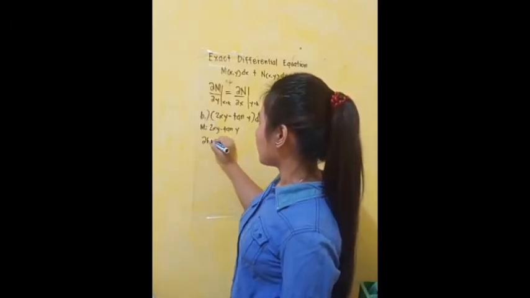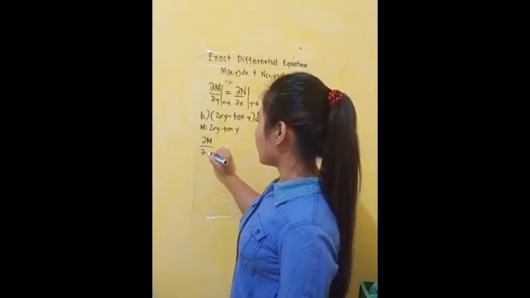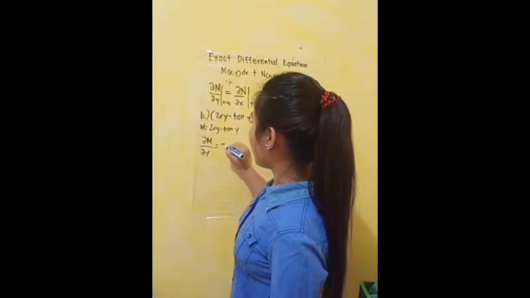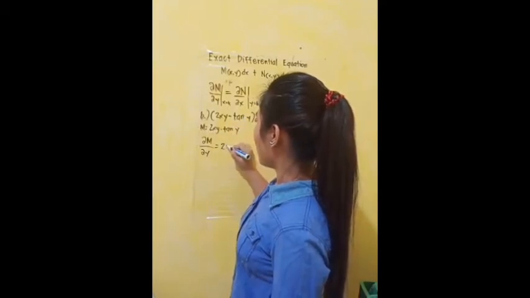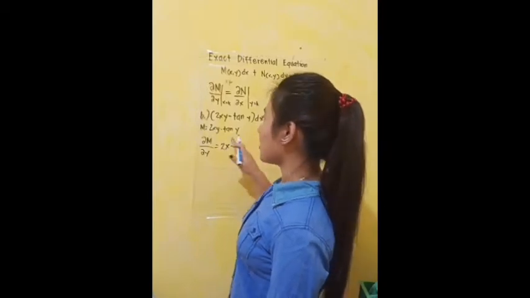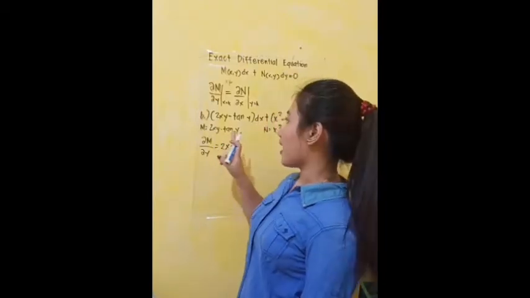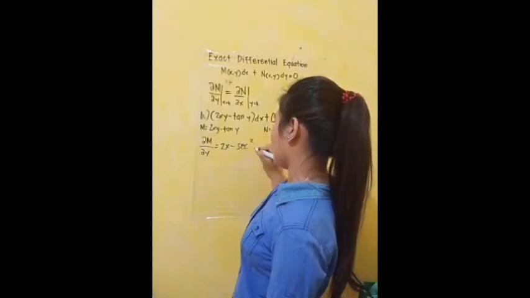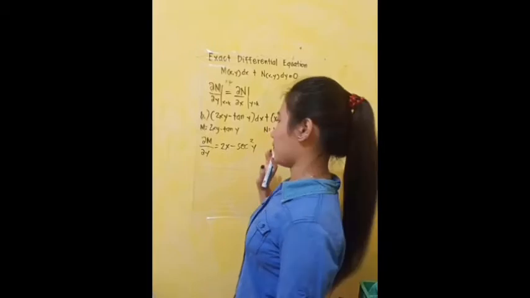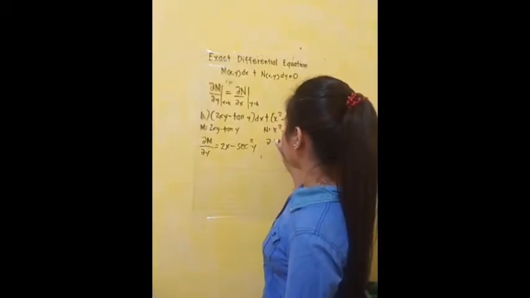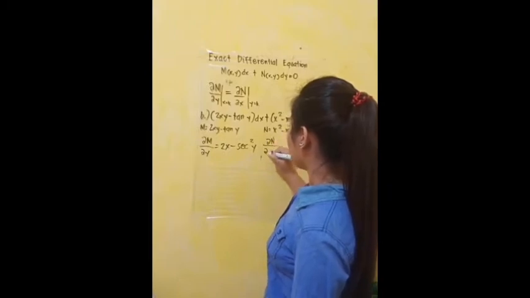So, partial derivative ng M with respect to y is equals, so, ayan, ito ay 2x minus, ano ba ang derivative ng tan? Ito ay sec squared y. Tapos dito naman, ang pagkuha naman natin ng partial derivative ng N with respect to x.